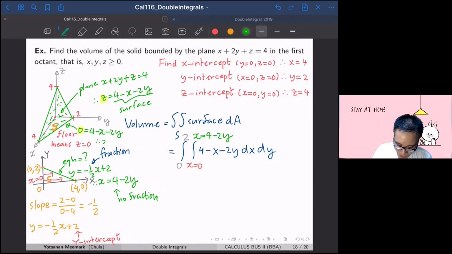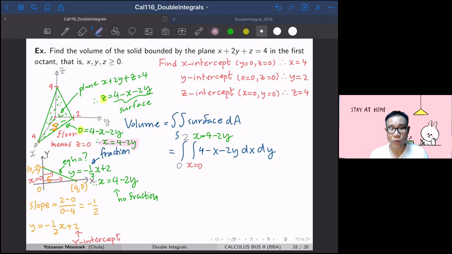Okay, so you have x equal to 4 minus 2y. This is the correct equation that you decide. I teach you the hard way first, and I tell you now that you can get x equal to 4 minus 2y in a simple way also. The way to set up is going to be just x equal to 0 to x equal to 4 minus 2y.